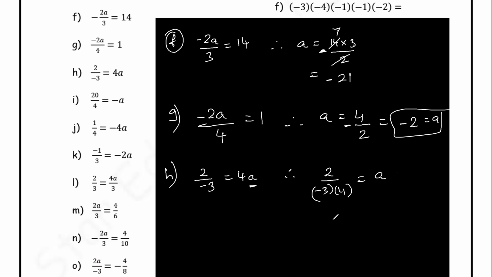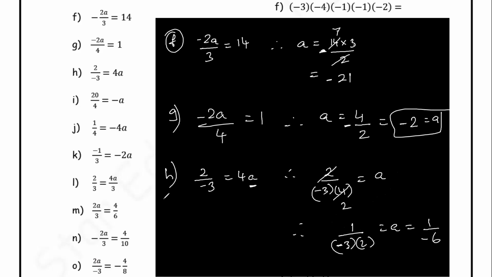So 2 goes into 4 two times, and therefore I got 1 over negative 3 into 2, which is A, which is nothing but 1 over negative 6 because 3 into 2 is 6, and there's one negative out here. If there were two negatives, then it would become positive. Remember that. Got it?